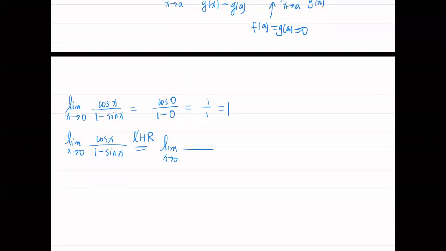Derivative of cosine, negative sine. The numerator, the denominator. Okay, minus sine, minus cosine. So they cancel each other.